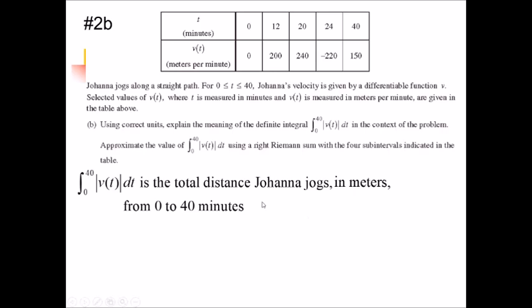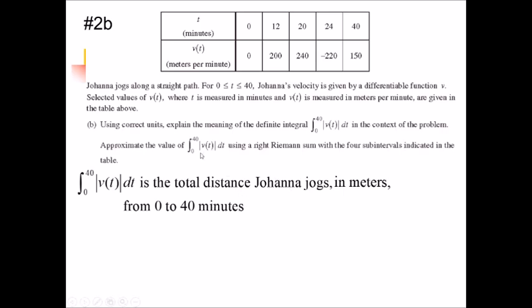So every piece of this is important, the total distance part, the units, and also you have to have the time element mentioned in here to get full credit on this problem. If you didn't mention 0 to 40, then the total distance Joanna jogs over what interval? Like from 0 to 2,000 minutes? I mean, who knows? We got to be specific.